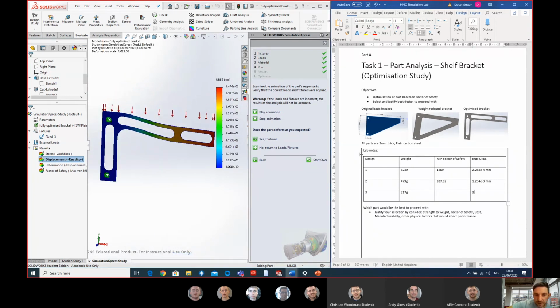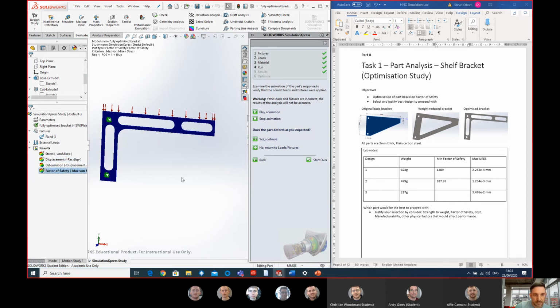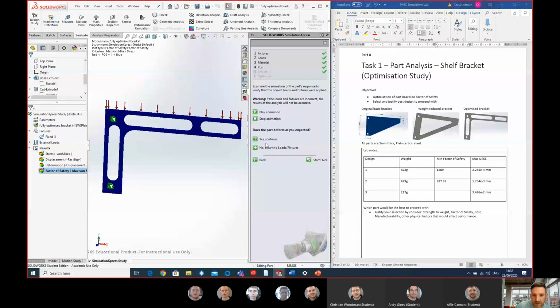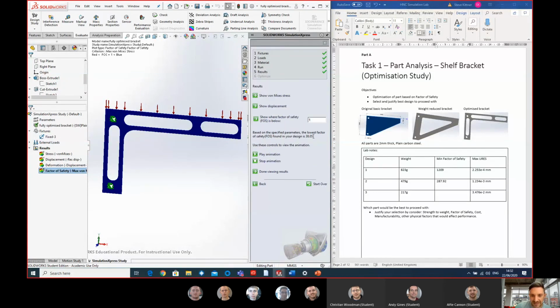So we are 3.476 e to the minus 2. And then finally, factor of safety still looks well within. So the factor of safety is now 38.